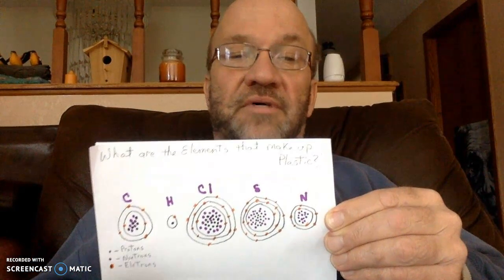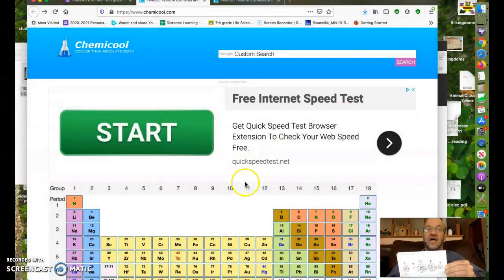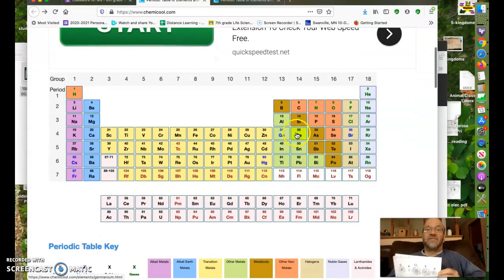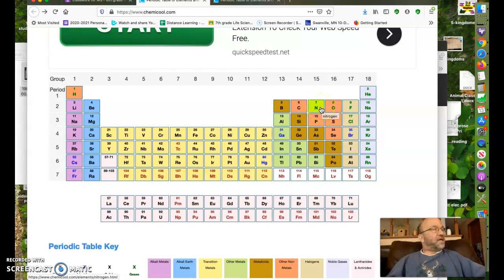Where did I find the symbols? Well, I'll show you. I found the symbols on the periodic table. So if you look here, all of the ones that I had: hydrogen, chlorine, sulfur, nitrogen, where's nitrogen? Right here, nitrogen, and carbon.